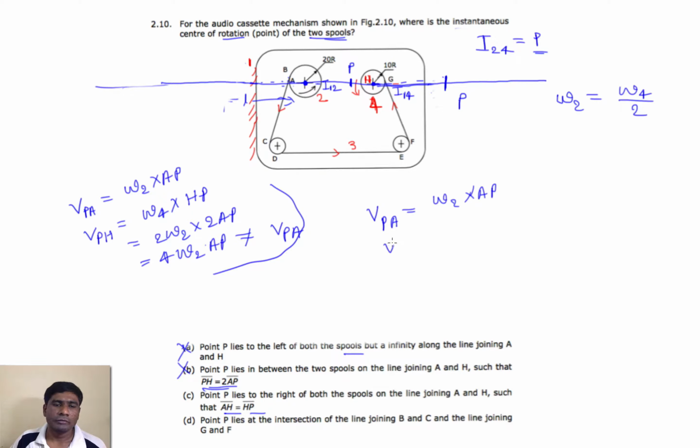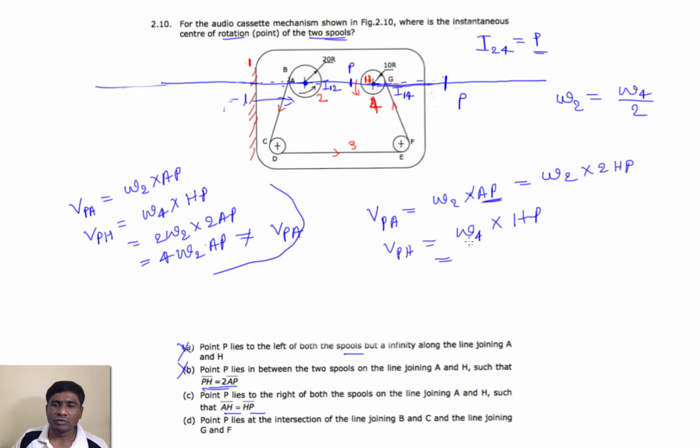And here VPH equals omega 4 into HP. But here the relation is AH equals HP. So as AH equals HP, what is the meaning of AP? AP equals AH plus HP. But AH equals HP, so this can be written as omega 2 into 2 HP.